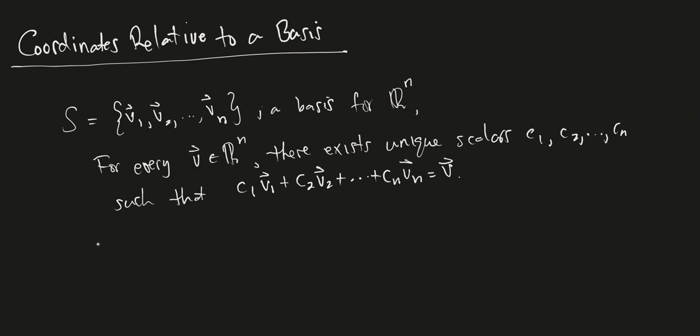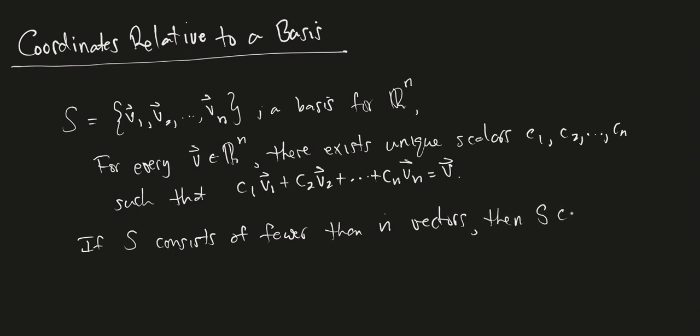So what will happen is this, and again, this is just summarizing those ideas. If, for instance, your set S consists of fewer than n vectors, then S cannot span all of Rn.